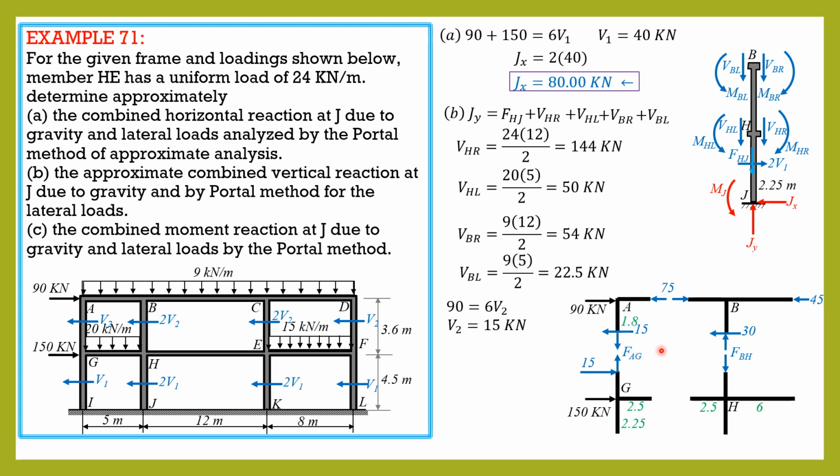So counterclockwise moment FAG times 2.5 then equals 15 times 1.8. We sum up moment here. Although there is shear here, not yet solved, so let's solve for FAG first. So FAG is equal to 10.8 kilonewtons.